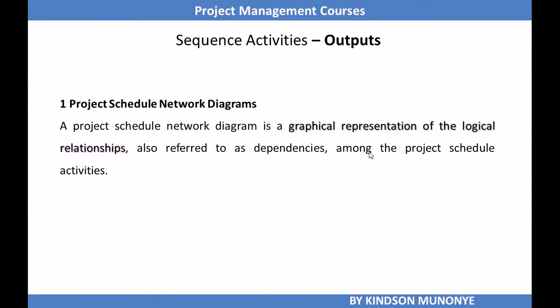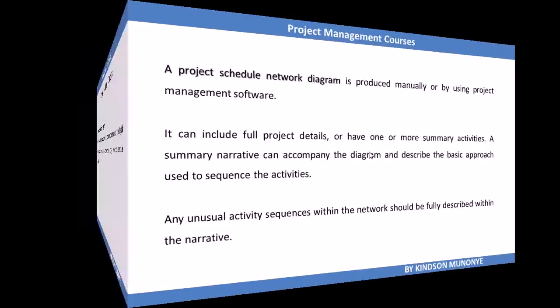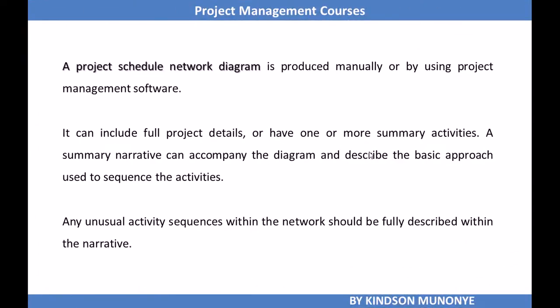Sequence activity outputs, we have the project schedule network diagram, and that is a graphical representation of the logical relationships, also referred to as dependencies among the project activities. So you lay out all the activities and use arrows to connect them, and it provides the project schedule network diagram. A project schedule network diagram is produced manually or by using software.